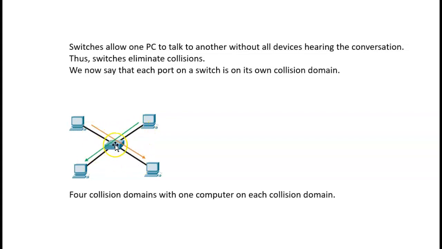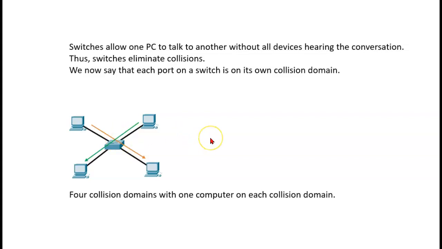They're separated inside the switch, and the switch sends the frame to each of these PCs as it needs. So in this case, we have eliminated all collisions, or we should say that each of these ports on a switch is a different collision domain. Rather than one big collision domain, I now have 4 collision domains all off of the switch.